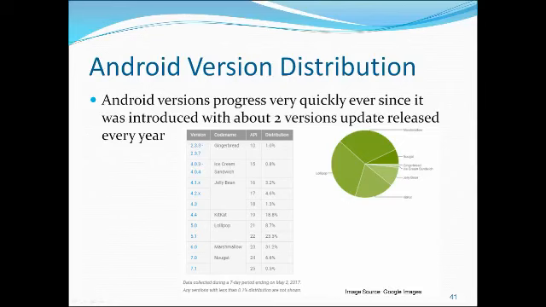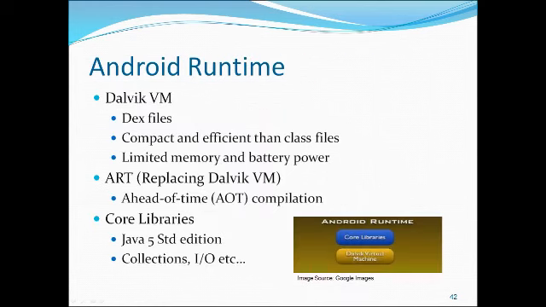Android versions progressed very quickly ever since it was introduced, with at least 2 major version updates released every year. Android uses the idea of a virtual machine similar to the JVM, but the Dalvik virtual machine is said to be more compact and efficient.